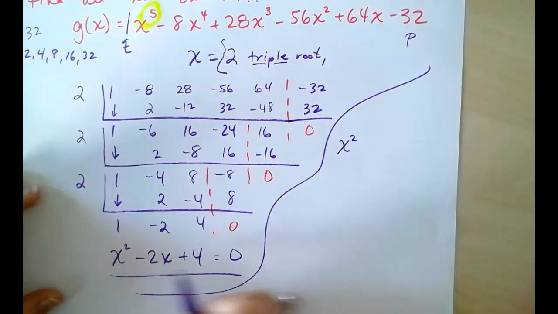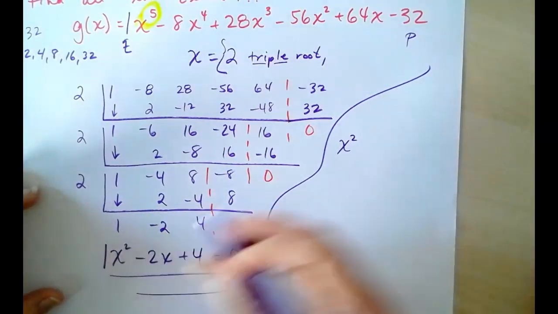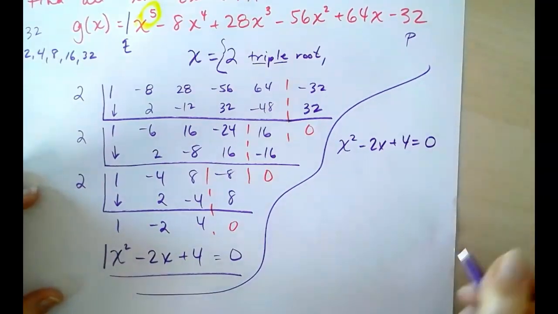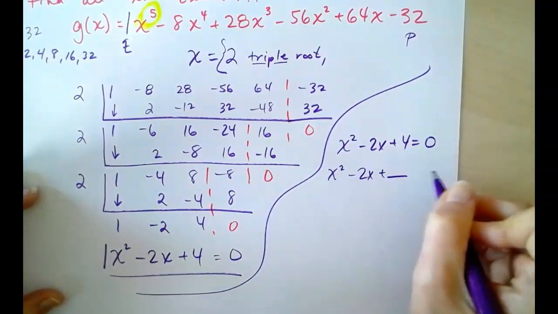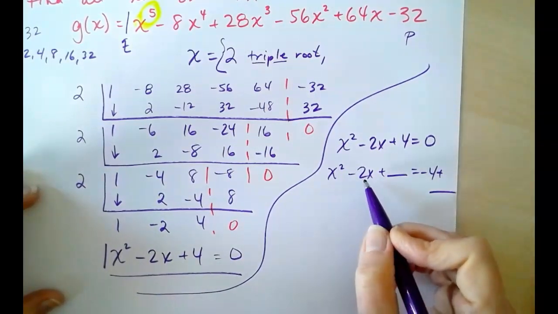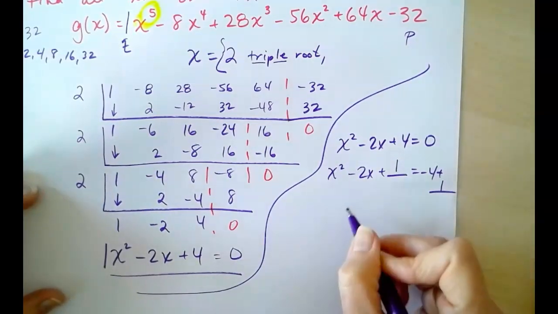And it's also a good candidate for completing the square because there is a 1 up front and an even number in the middle. So we'll do it by completing the square. So x squared minus 2x plus a blank equals negative 4 plus blank. Half of 2 is 1. 1 squared is 1. Adding 1 to both sides.